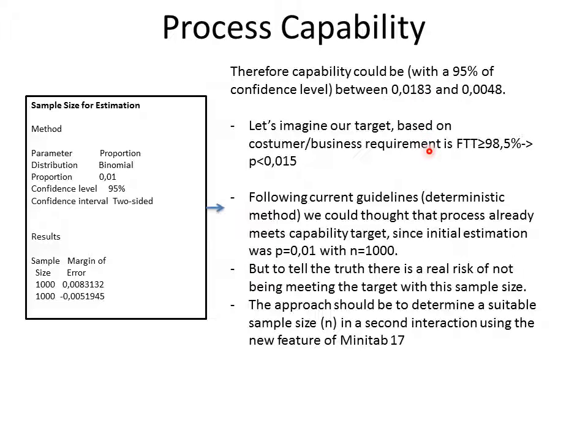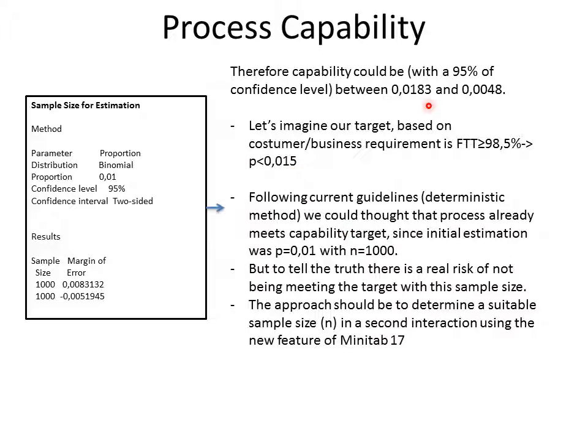So imagine our customer expectation or our process requirement, or our target, is 98.5% of first time through, 98.5% of OK parts. So our target proportion would be 1.5%.